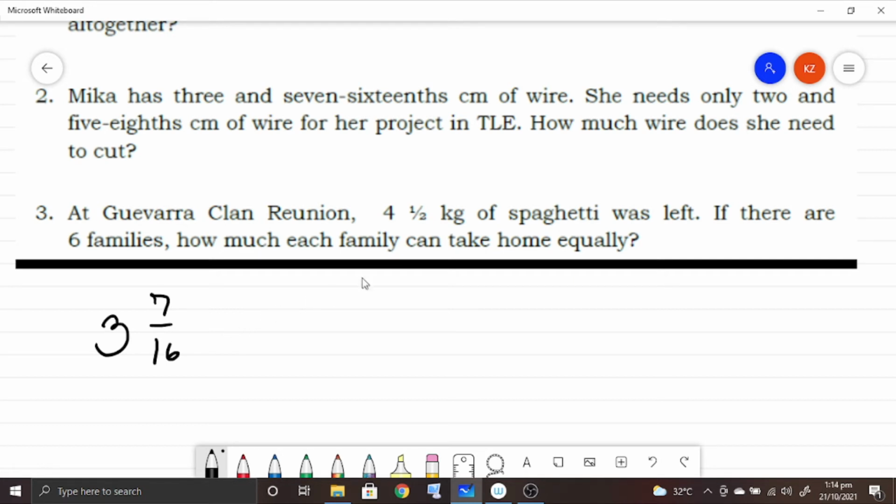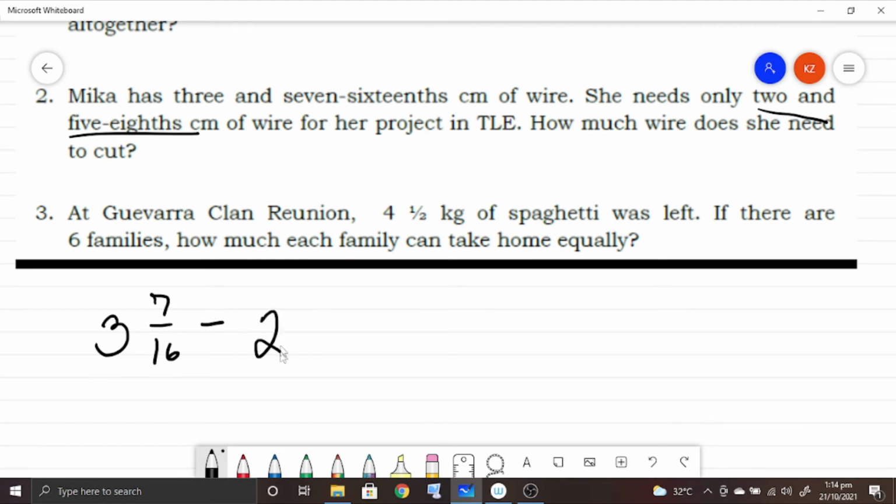Okay. So, confusing, no? Itong tanong niya kasi actually pwede nang maging sagot to ng mga estudyante. Itong 2 and 5/8. Kasi yun ang gagamitin niya eh. So, pwede niya i-cut yun. Okay? So, maaaring ang tanong dito, ang tamang tanong ay ilan yung natira. So, magsusubtract tayo.